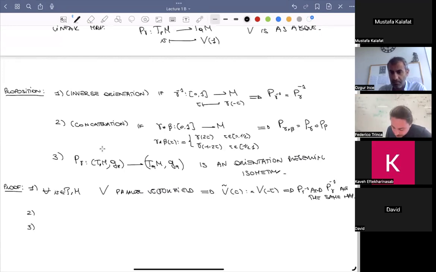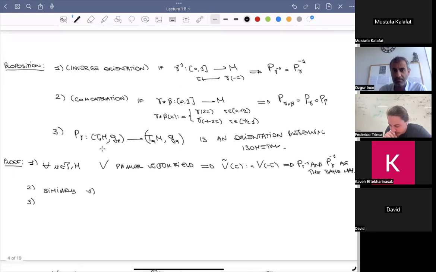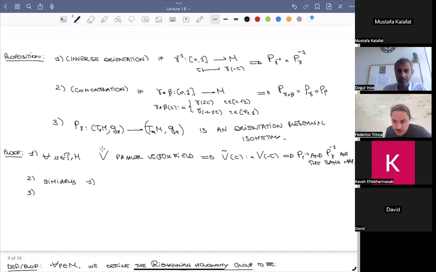And similarly, we can do the second one. So we just define the vector field to be the concatenation of the two vector fields, and you get the conclusion. The one that is just slightly less trivial is the third one.